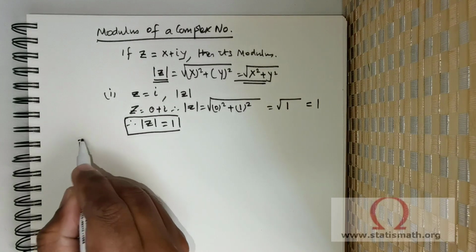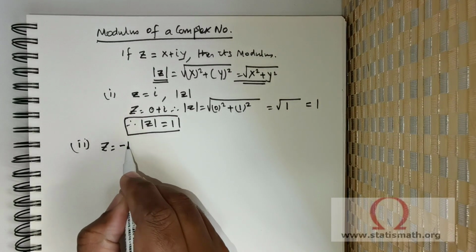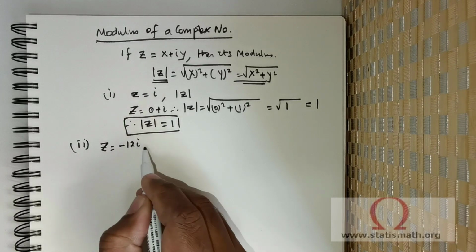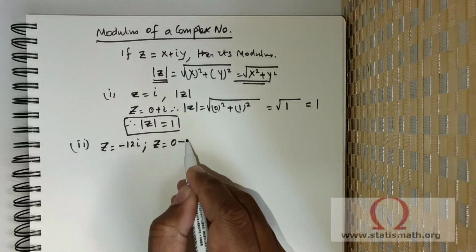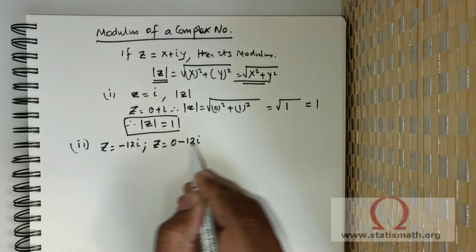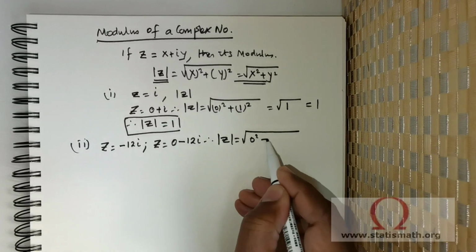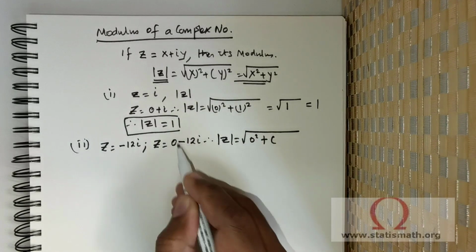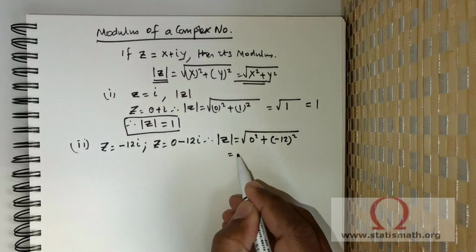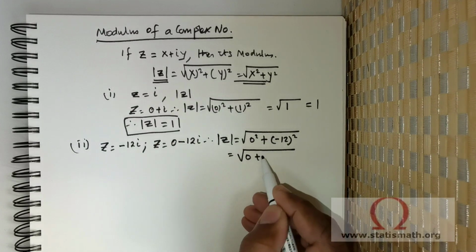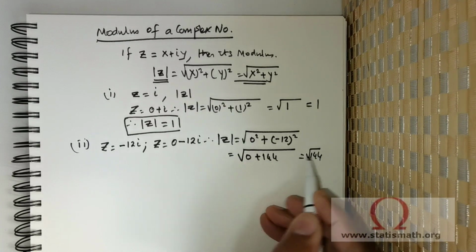So let us go and do the next question. Say we are given z to be -12i. As I said earlier, the meaning of this is 0 - 12i. So the real part is 0. So the modulus of z is going to be root of 0 squared + the square of the coefficient of i, which is -12, raised to the power 2. This is equal to 0 + 144, with the square root on.